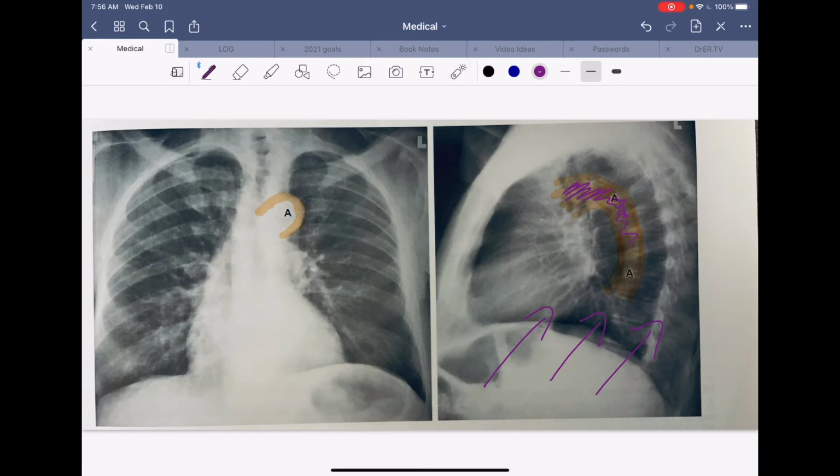It gives it more density, and that's why you can see it more. So that's why this x-ray is particularly different. You've got the enlarged aortic knob, and you've got an elongated and tortuous ectatic aorta.